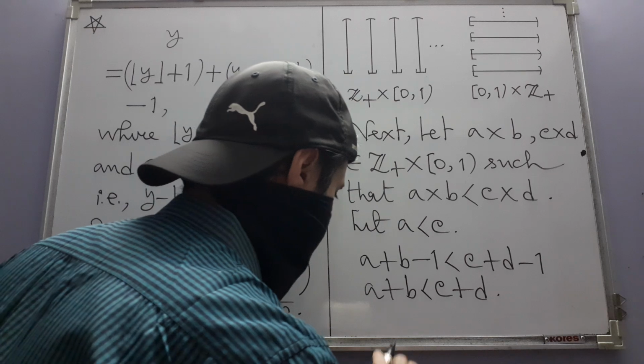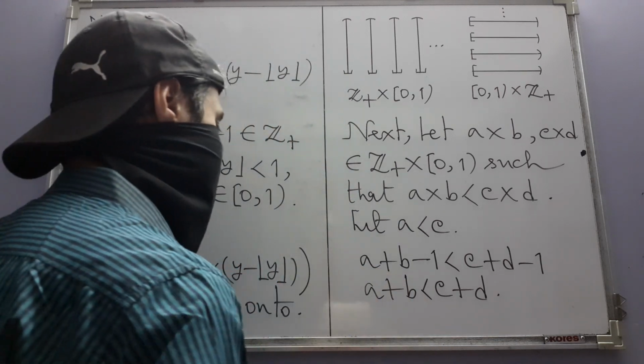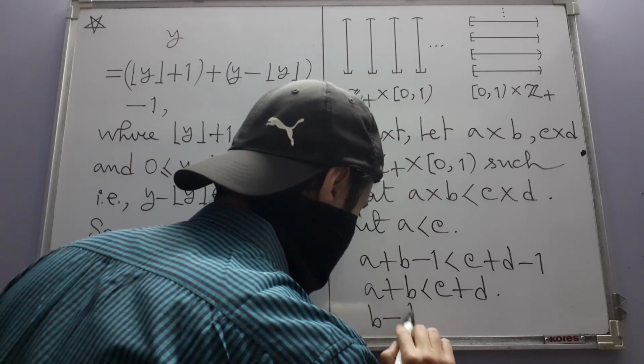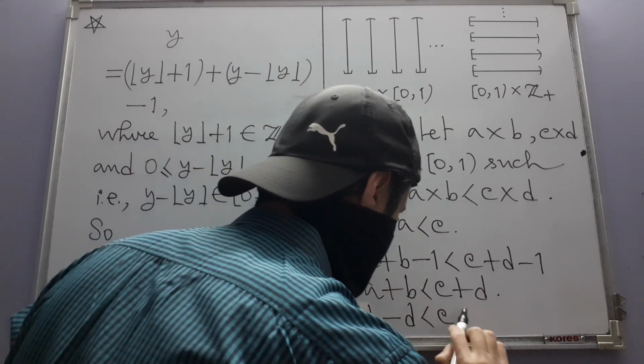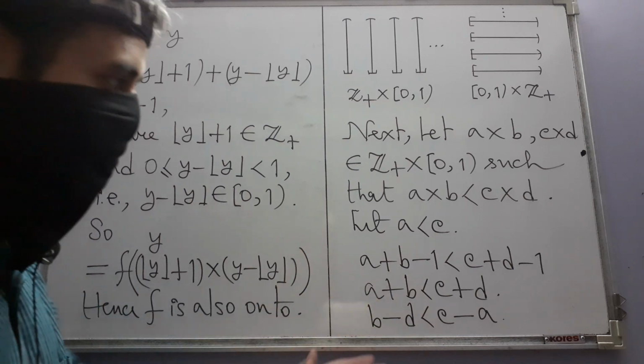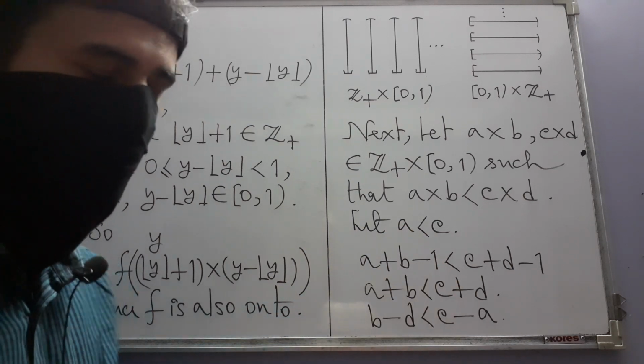Now, and what does that mean? It means that B minus D has to be less than C minus A. Can we show this? You understand this, this is rough work.